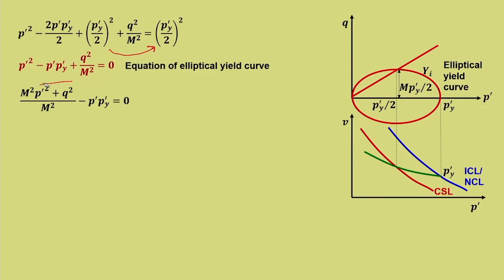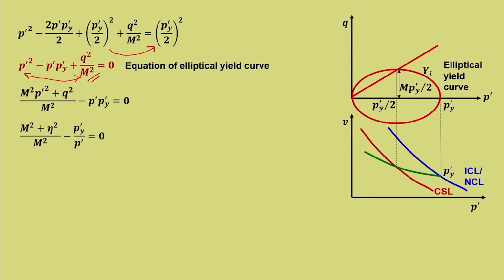So, if you further rearrange this particular expression, we can write m square p dash square plus q square by m square minus p dash y p dash equal to 0, because we are trying to use these two equations.